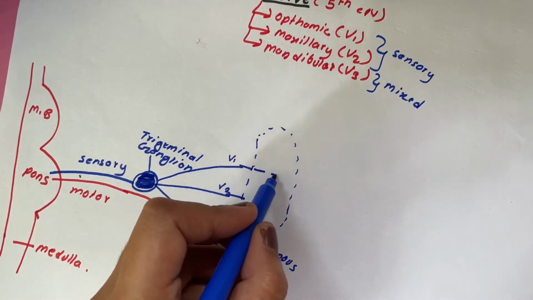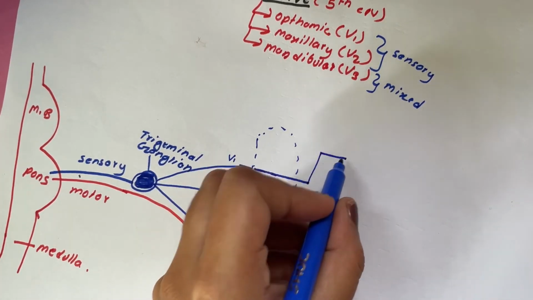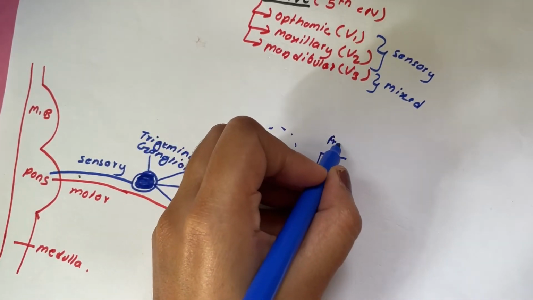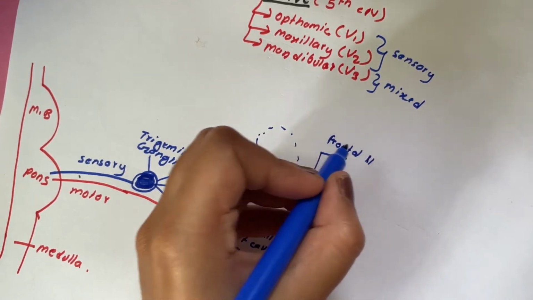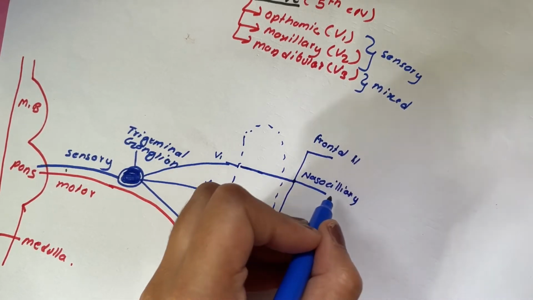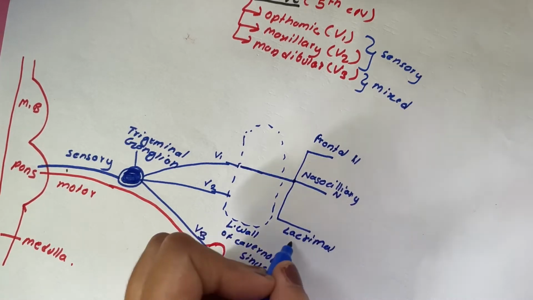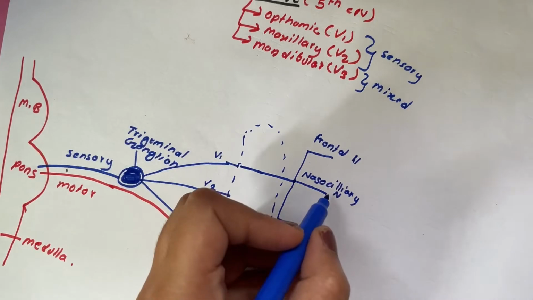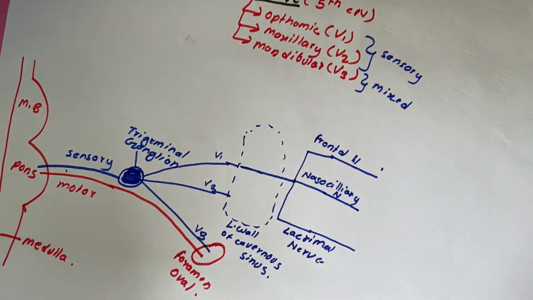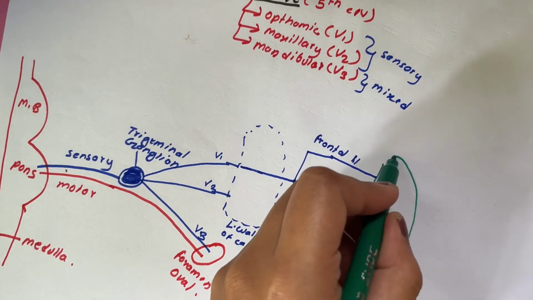After passing through the lateral wall of the cavernous sinus, V1 gives 3 branches that are the frontal nerve, the nasociliary nerve, and the third one is the lacrimal nerve, and they pass through the superior orbital fissure.